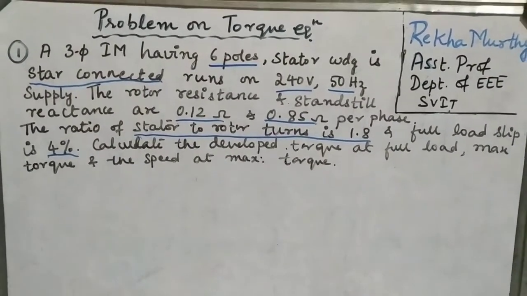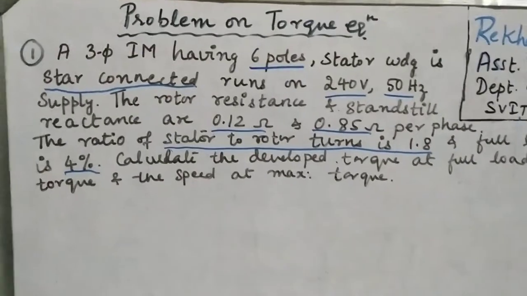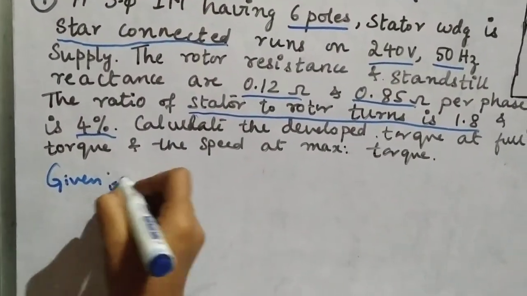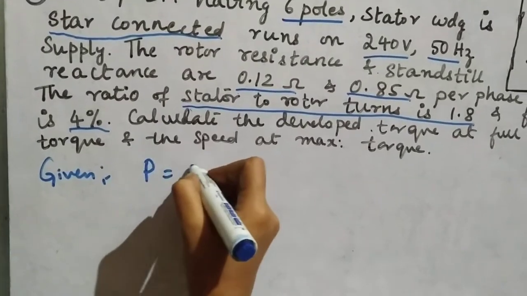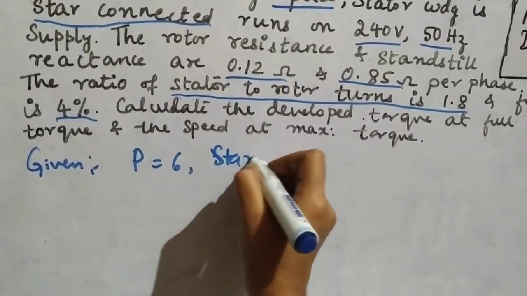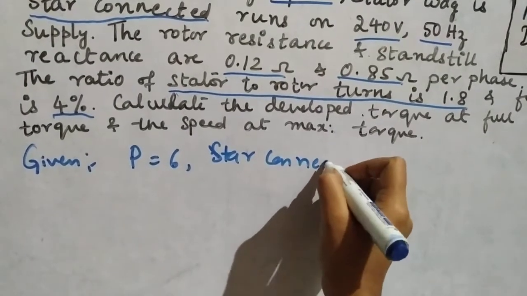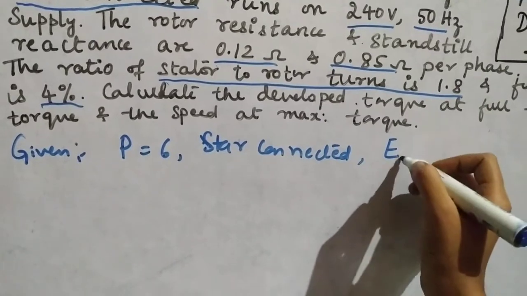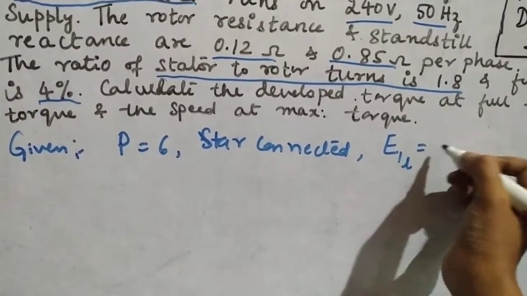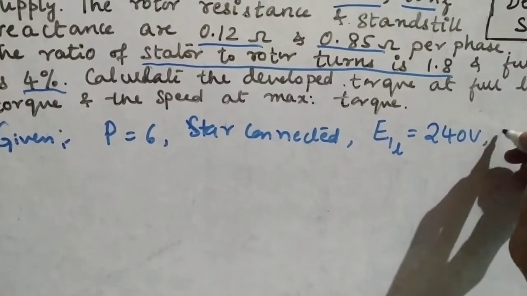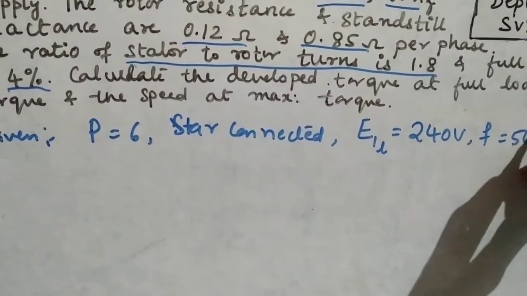Now let us write down the given data. Here the number of poles is 6. It is star connected. And the line voltage, this is the line voltage of the stator, so it is denoted as E1L, which is 240 volt. Frequency 50 hertz.